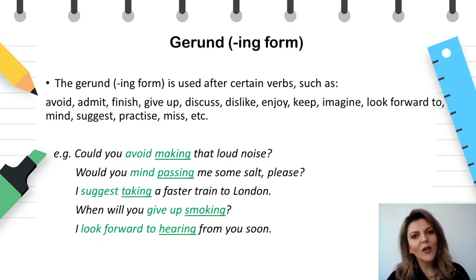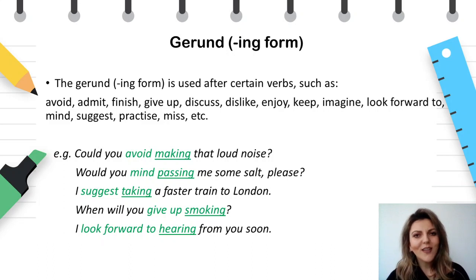And the last one, which can be used in emails nowadays: I look forward to hearing from you soon. This means whenever we use any of the verbs given in this group, they are always followed by the ing form, or the gerund, in English.